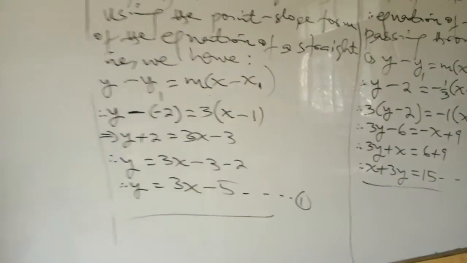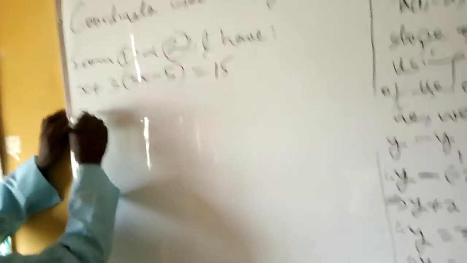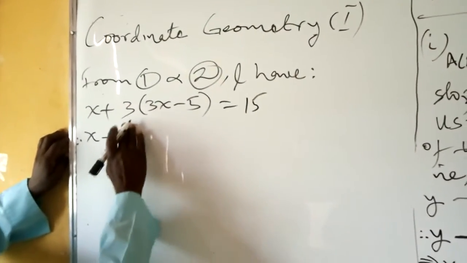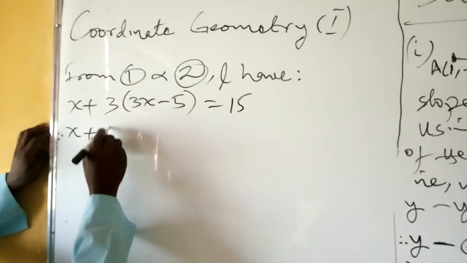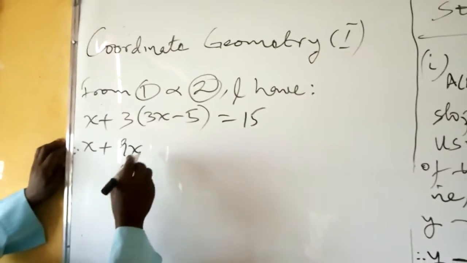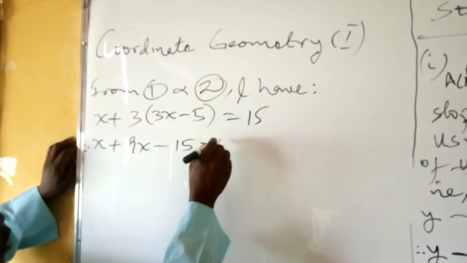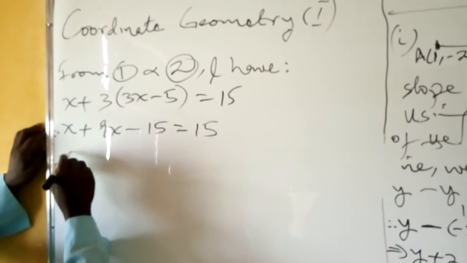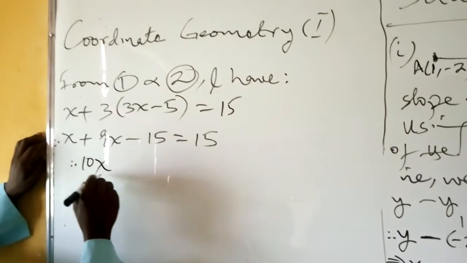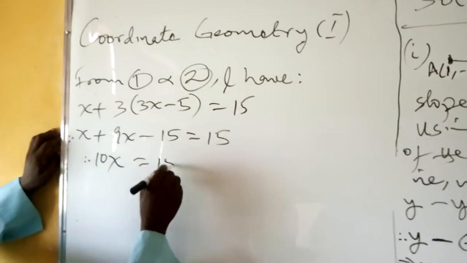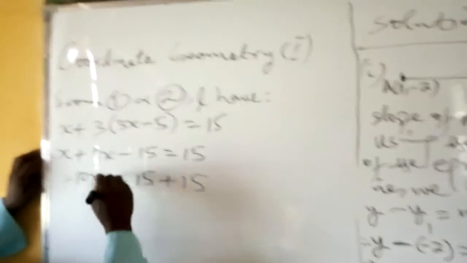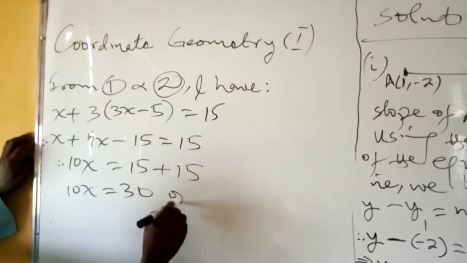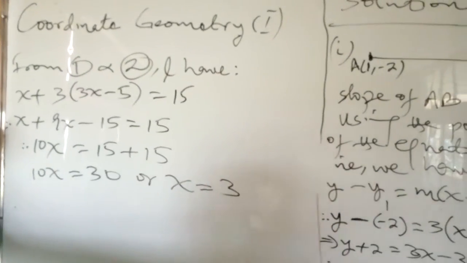So x plus 9x, 3 times 3x is 9x. x plus 9x minus 15 equals 15. x plus 9x is 10x. 10x is equal to 15 plus 15. Take minus 15 across: 10x equals 30, or x equals 3.